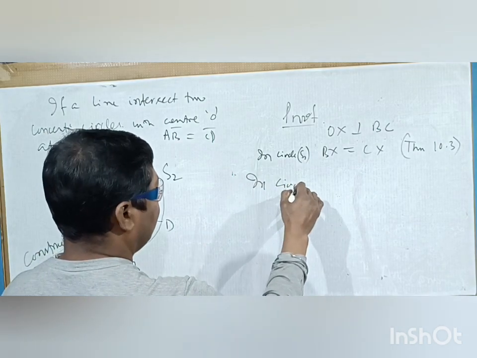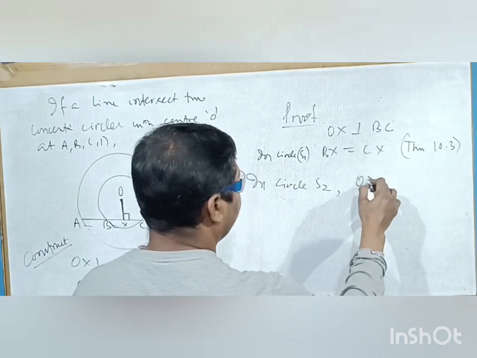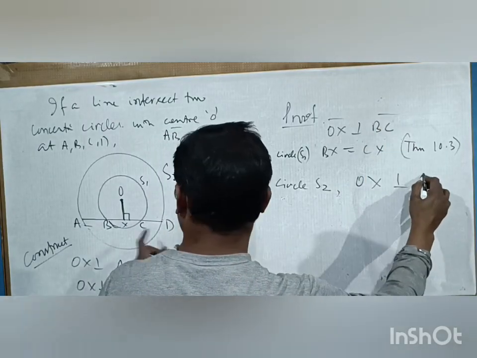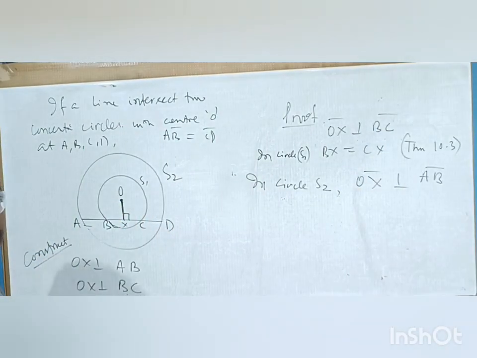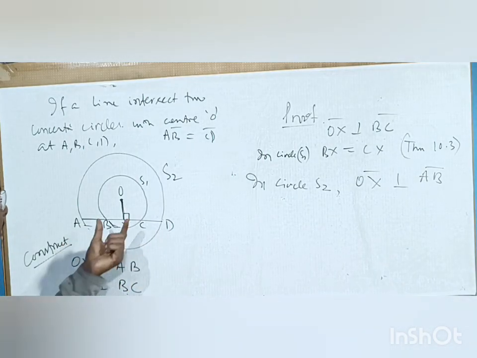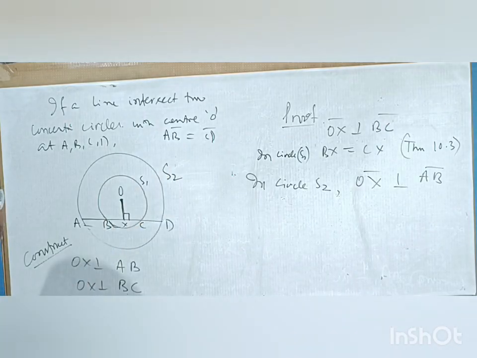In circle S2, OX is perpendicular to the chord AD, the bigger chord. BC is a chord of S1 and AD is a chord of S2.